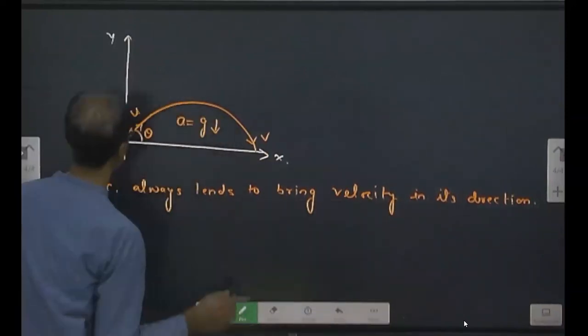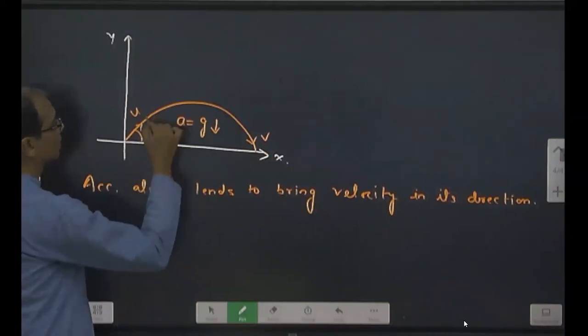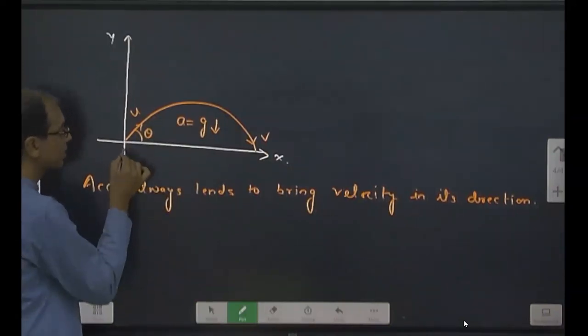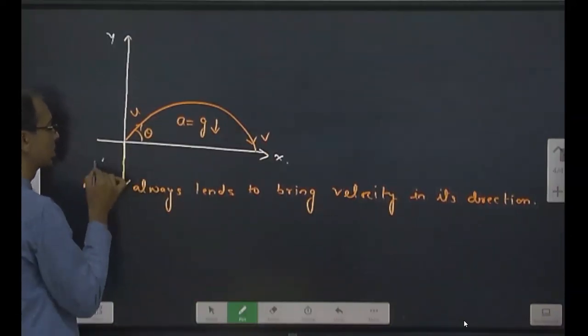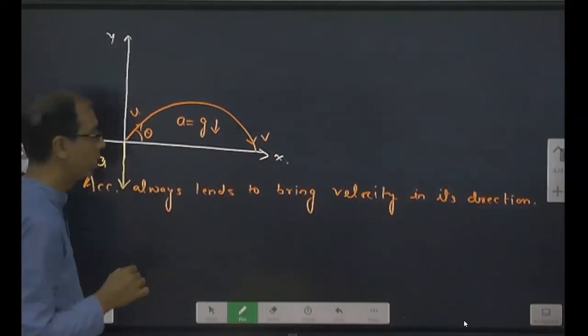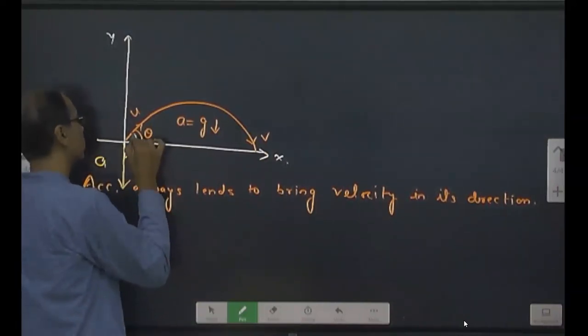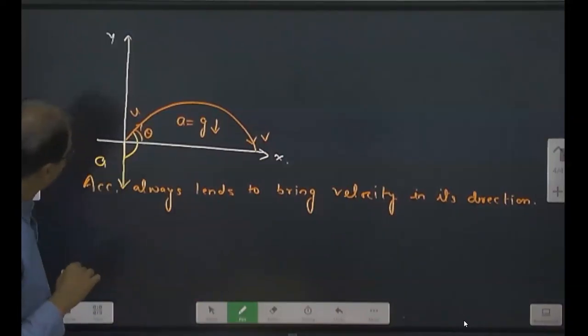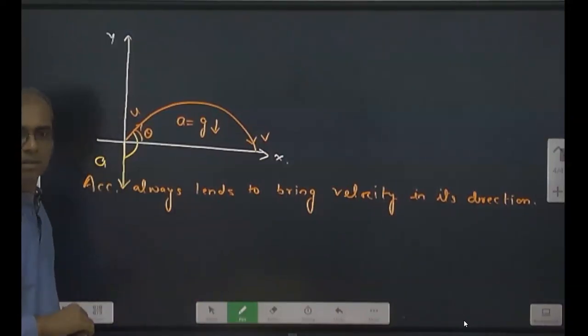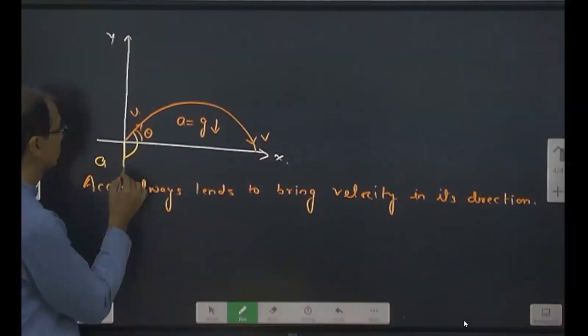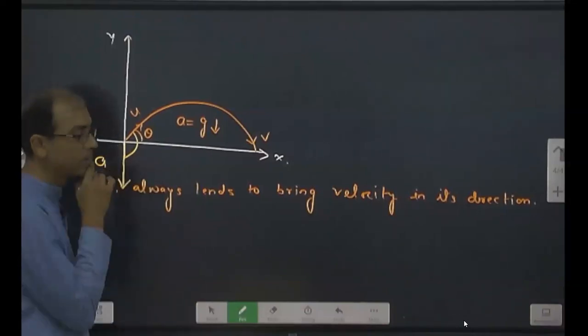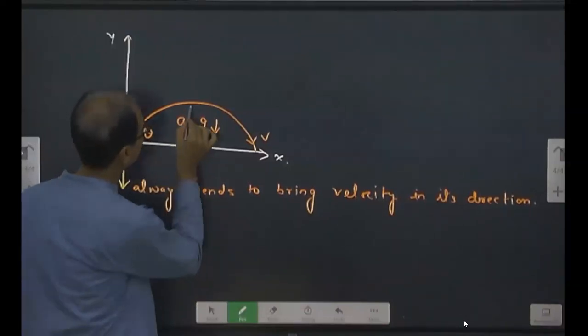See now, this is the velocity, the initial velocity is like this. And where is acceleration? This is acceleration, downwards. So what is the angle? This is the angle. Okay, fine. It's more than 90. Let's go to the top here.